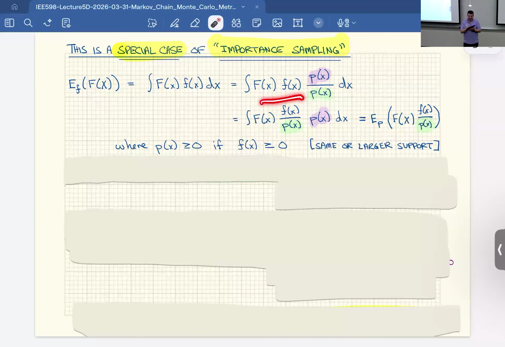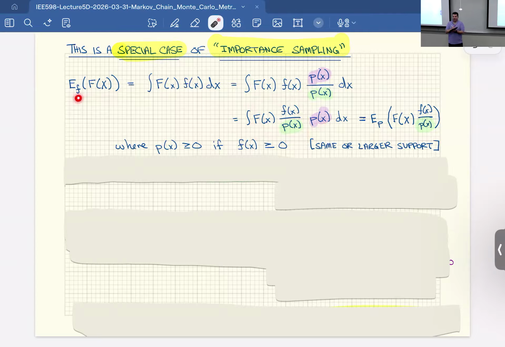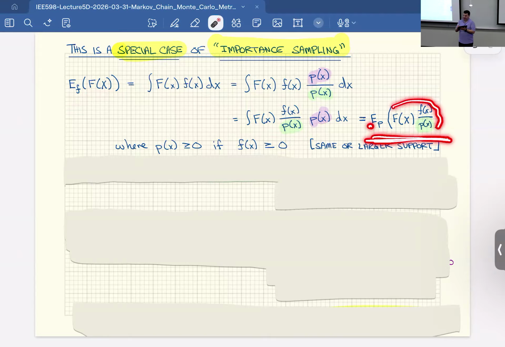Now this becomes the function that I'm taking the average over, and this becomes the distribution I'm using to do the sampling. So the expectation under this sampling distribution of this happens to be identical to the expectation of this uglier thing, which is the function I cared about, scaled by my likelihood ratio under the new proposal distribution.